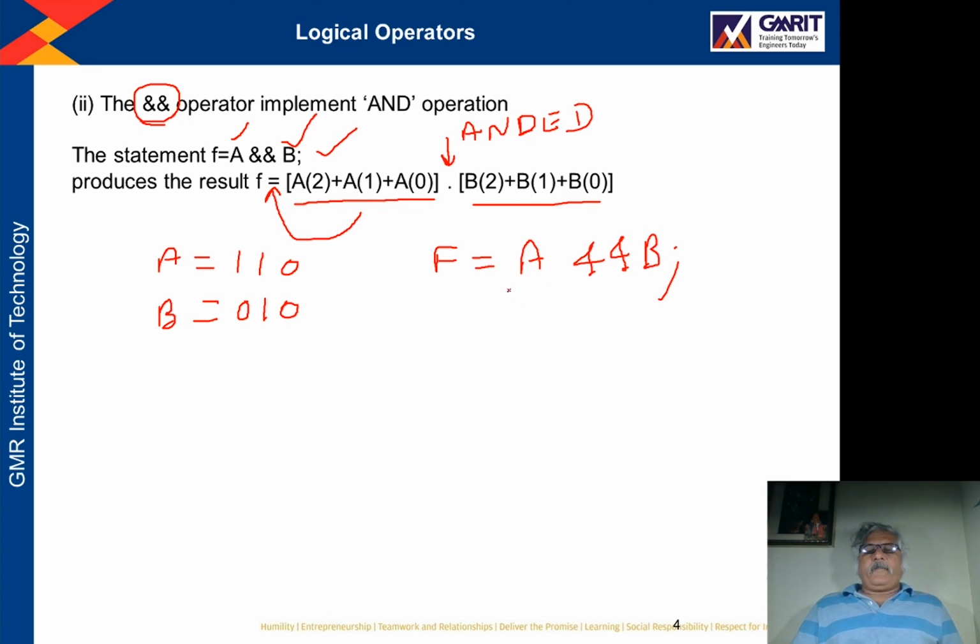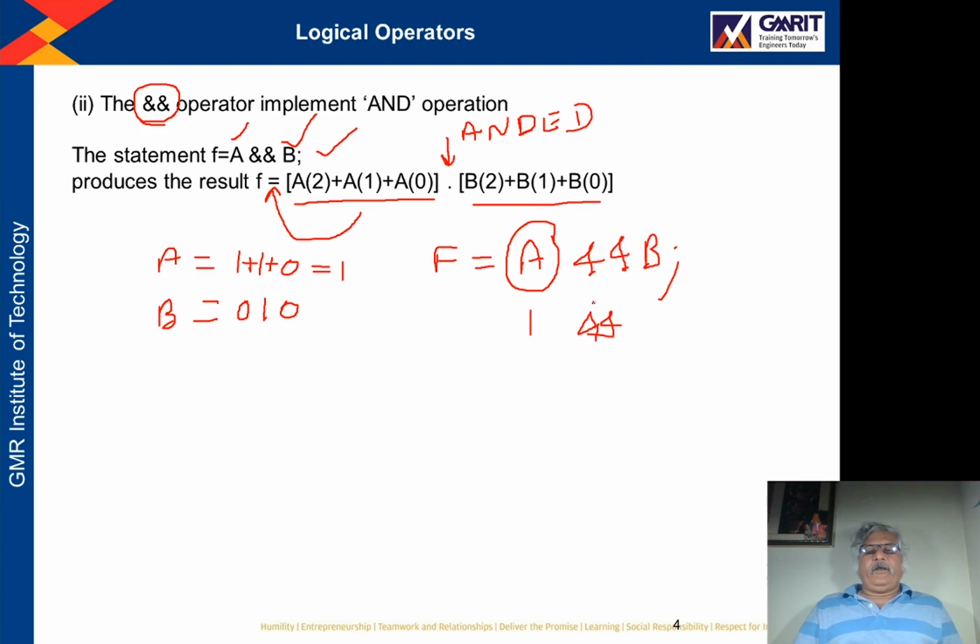So now what will it do? It will perform the OR operation on the 3 bits of operand A. So this 1 or 1 or 0, right? So this will give me a result 1. And ampersand.